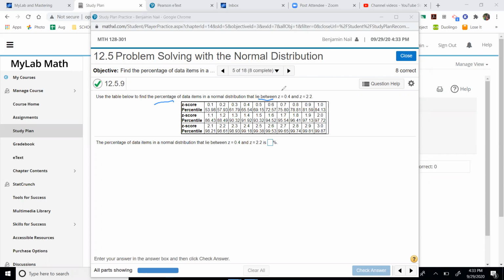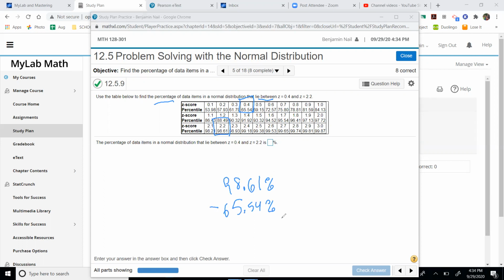It gives us two specific z-scores, 0.4 and 2.2, and we want the percentage of items between those. At 2.2, 98.61% of the data falls below that, and 65.54% falls below a z-score of 0.4.